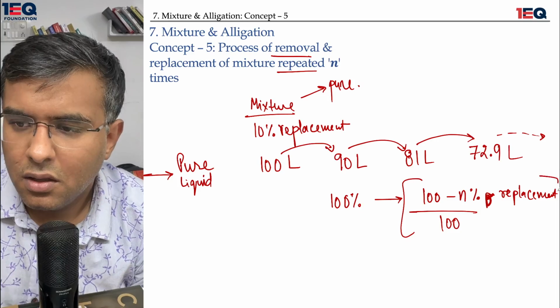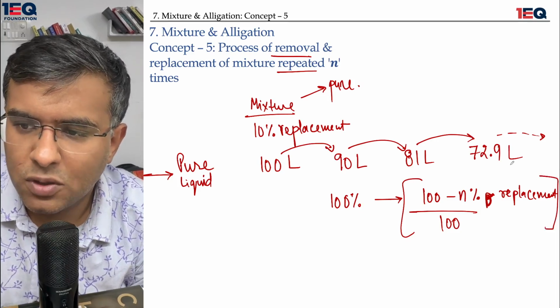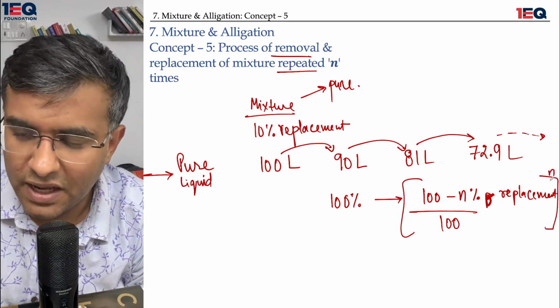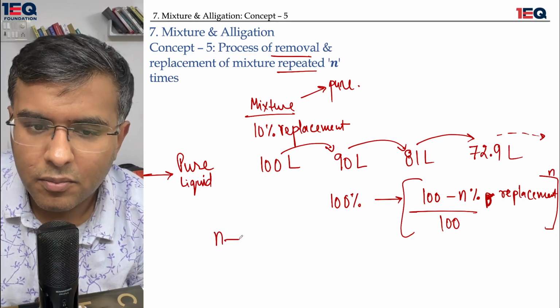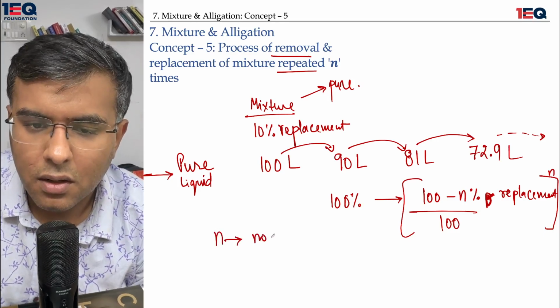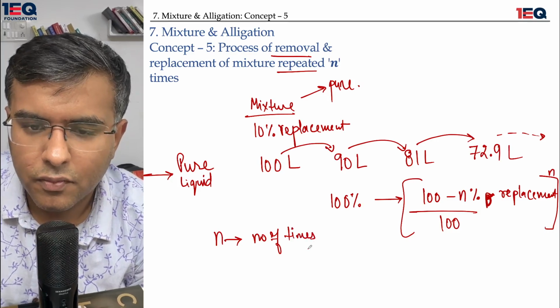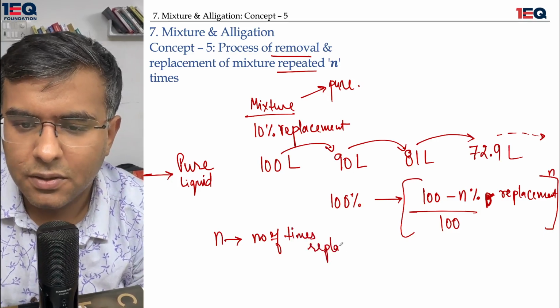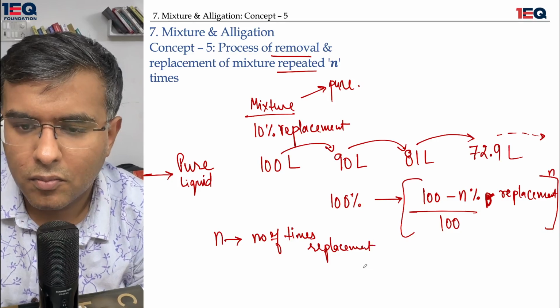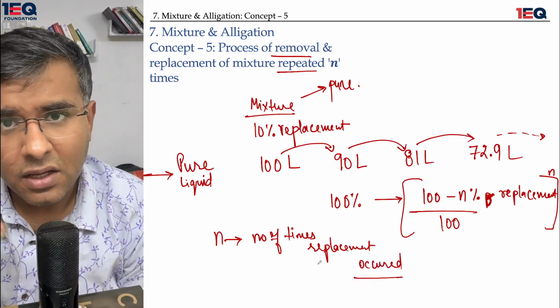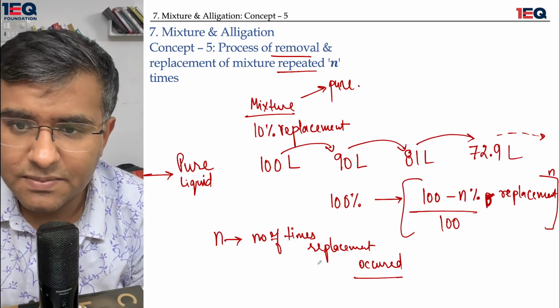Then we are supposed to raise it to the power n, and n denotes the number of times replacement occurred.